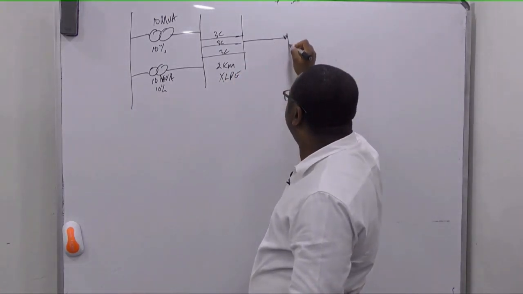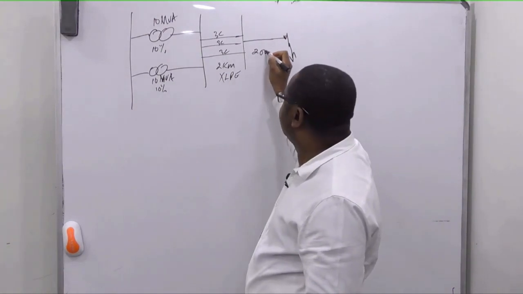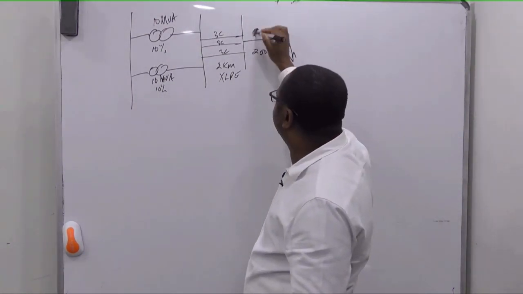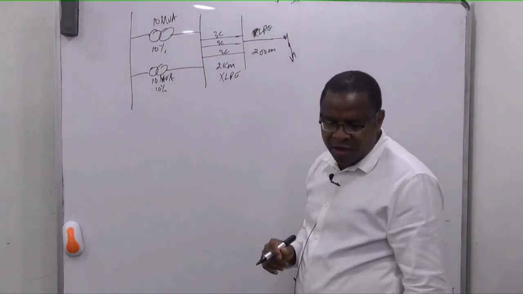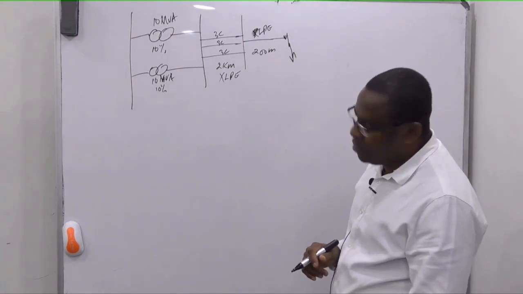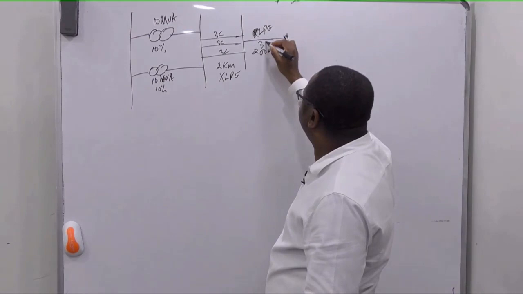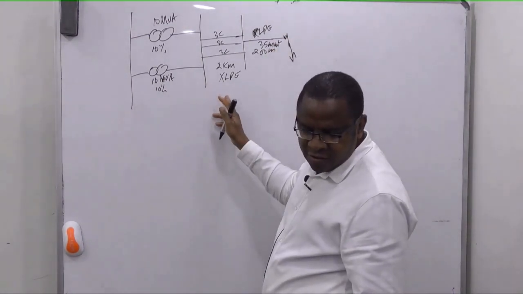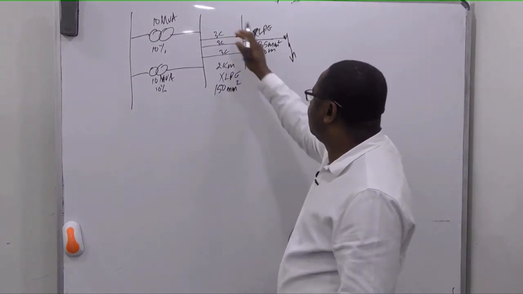Then there's a fault here, and this is 200 meters. This is also XLPE, 3-core, and the size is 35 mils, and the size of this is 150 mils each.